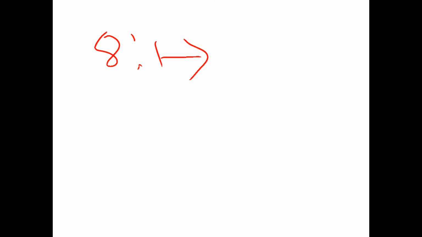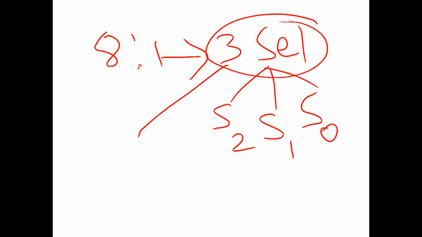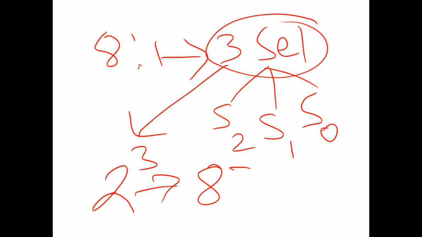In 8 by 1, we now require 3 select lines. Let us say they are represented as S0, S1 and S2. For these 3 select lines we know there will be 2 raised to power 3 input lines. It means 8 input lines.